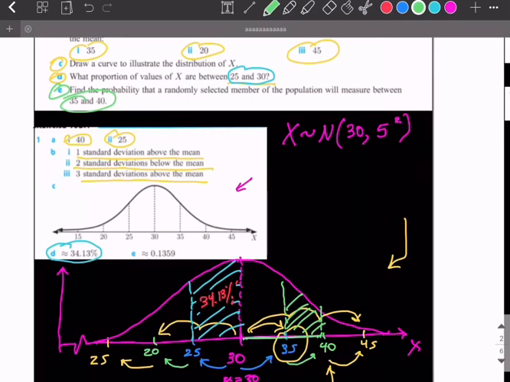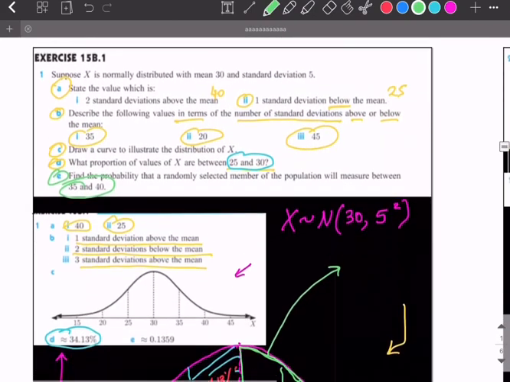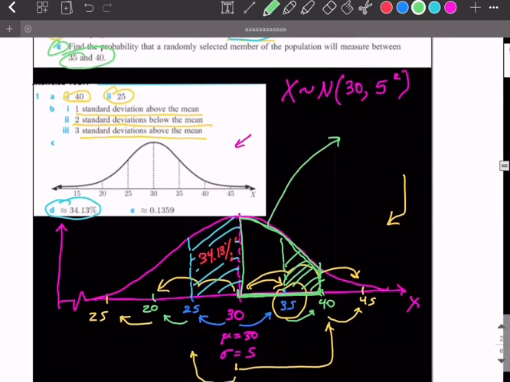And half of this, from 30 to 40, is half of 95. So let's refer to this. All the way from here to here, all this is half of 95, so we said it is 47.5.